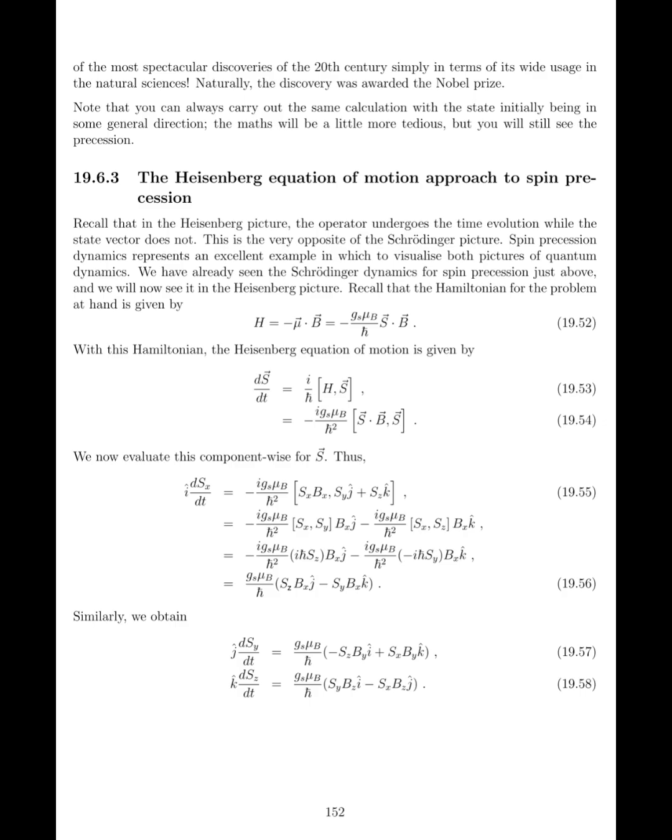So let's look at the first guy. We have Sx with Sy along j cap. Note the Bx commutes with everything, so that just sits outside, and it's just Sx with Sy. Sx with Sy generates Sz according to the Sx, Sy, Sz triad. So this just generates i h bar Sz.